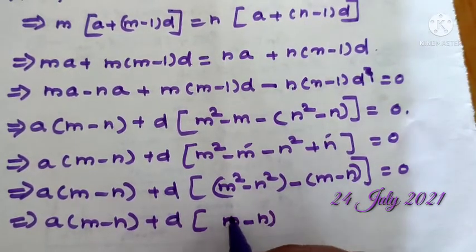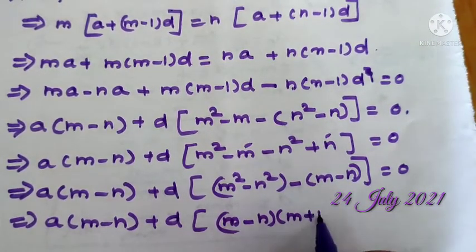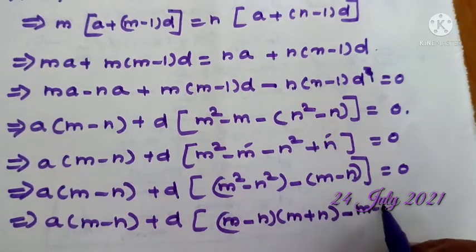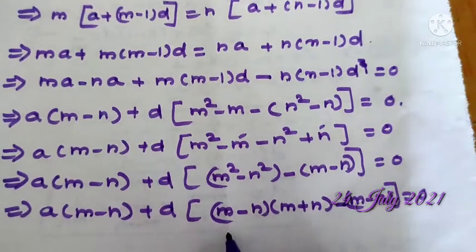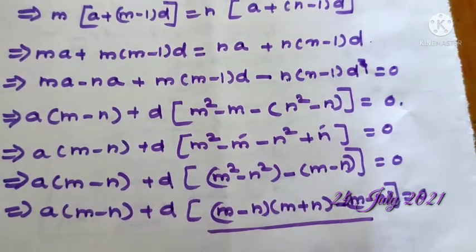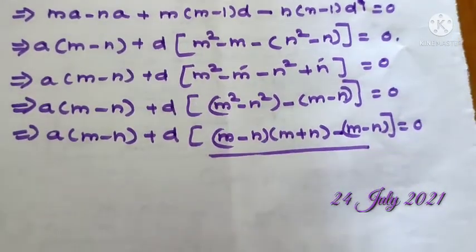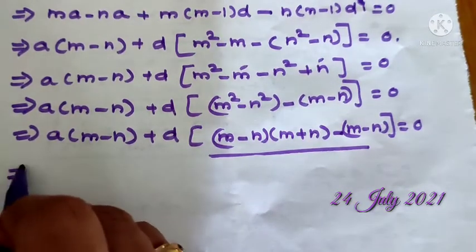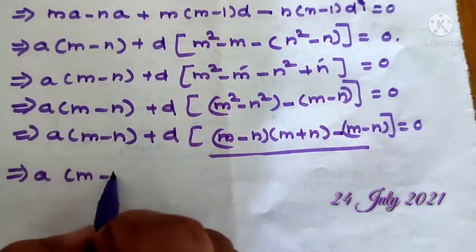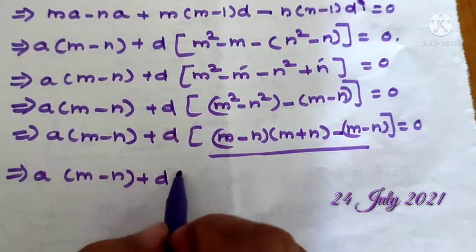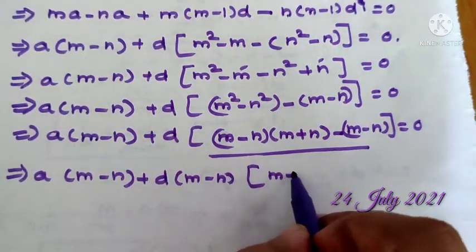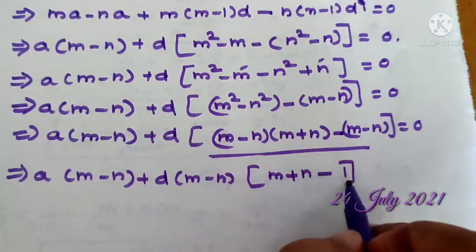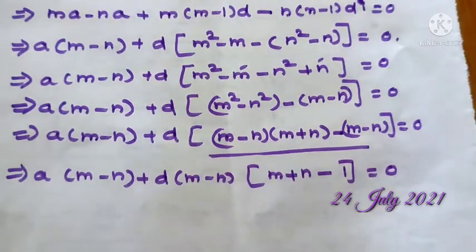It is (m - n)(m + n) minus (m - n). Now from this we can take a common factor, that is the next step. a into (m - n) plus d into (m - n) times what is remaining here, (m + n - 1), equal to 0.